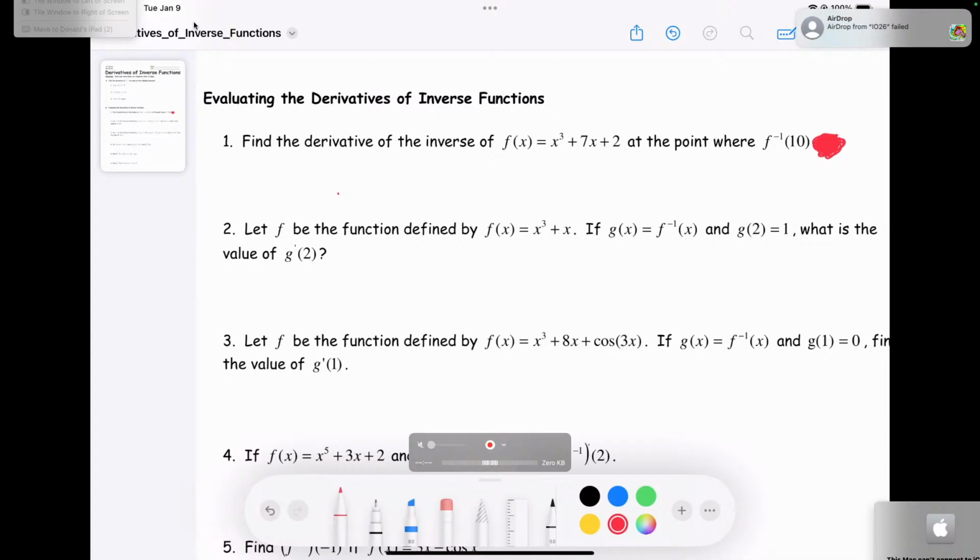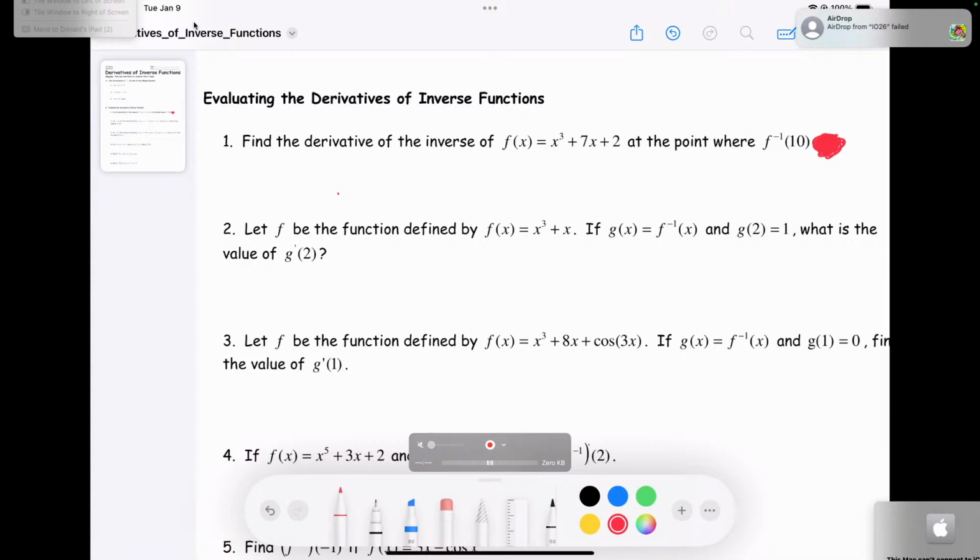Yeah, you need to plug in. I got it. I don't know why I got it, but I did.